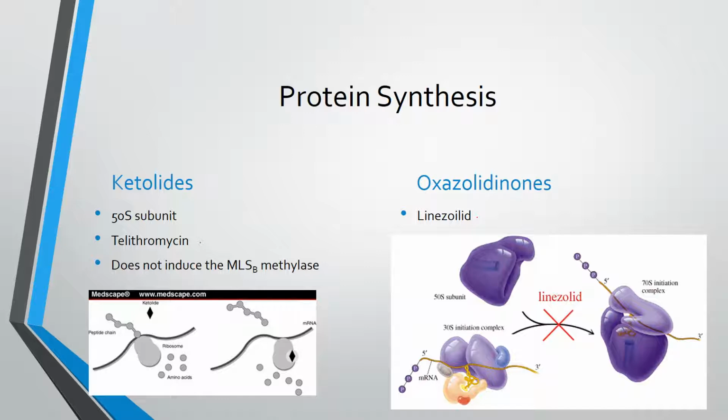More targets for protein synthesis, or more classifications for protein synthesis. We have the ketolides, which include telithromycin. Again, that's not something that we've reported. It depends totally on your pharmacy, what's on their formulary. These also bind the 50S subunit.